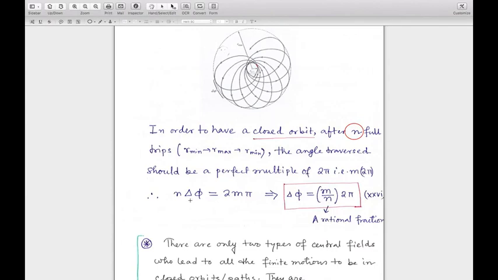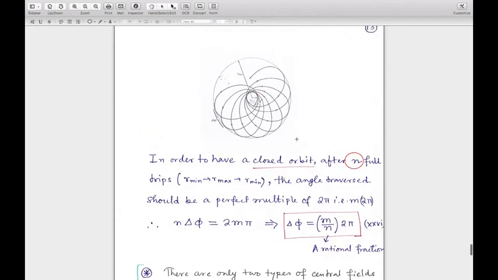That means n times delta phi will be equal to 2 pi times m. If that is satisfied, then only we can say that the orbit is closed, right? Then delta phi will simply be m by n times 2 pi.